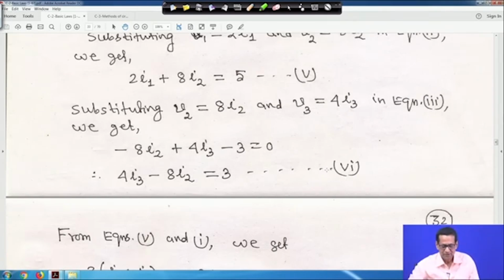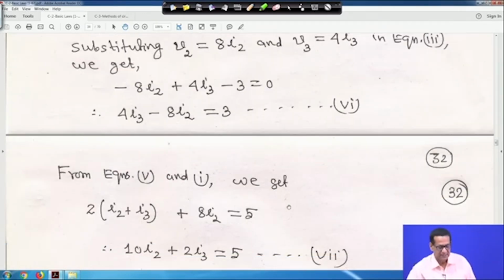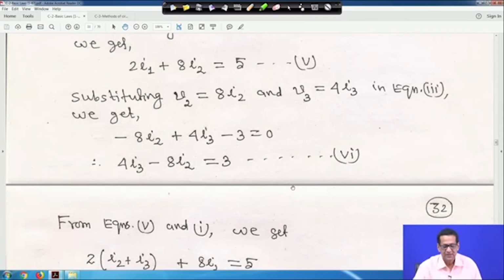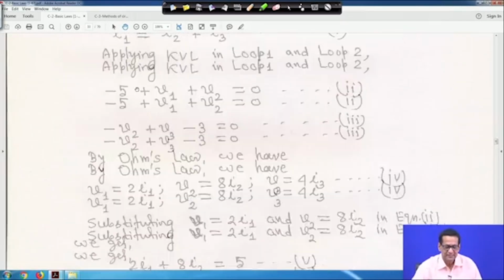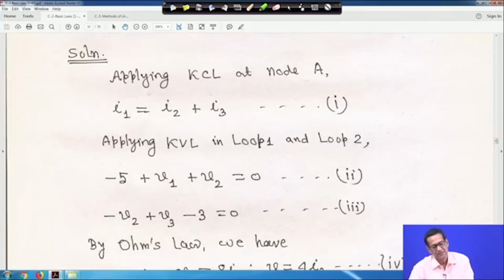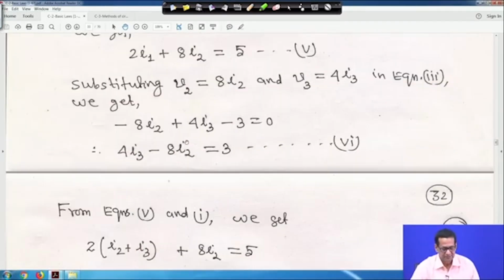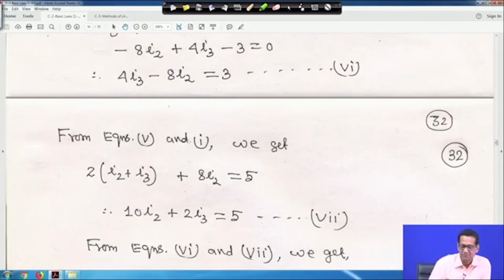Now, you solve from equation 5 and equation 1. From KCL, I1 is equal to I2 plus I3, so I will substitute that in equation 5.